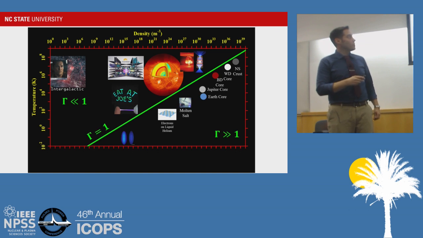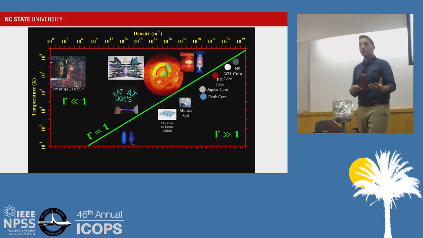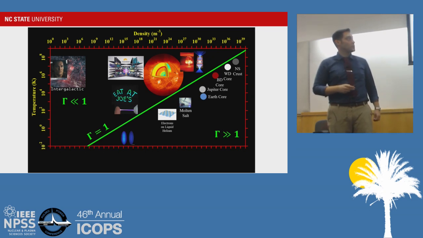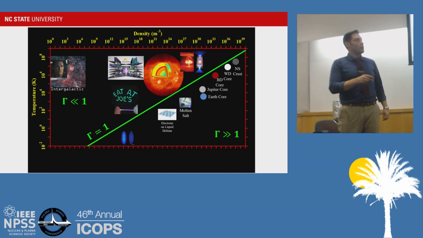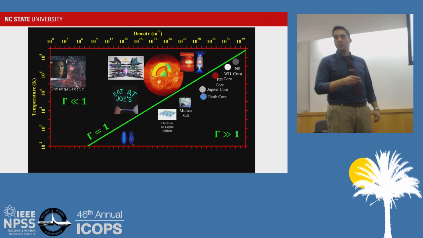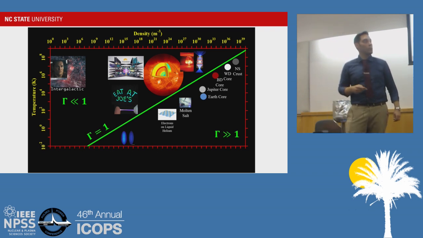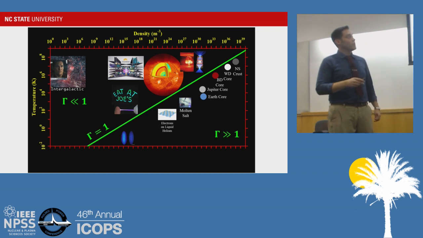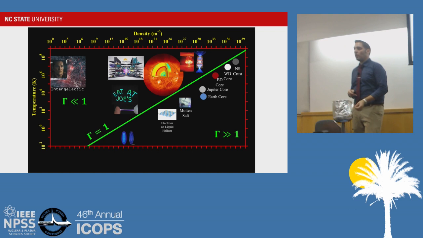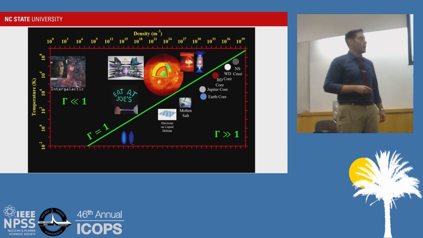Over in this region, you have a lot of applications of plasmas that we use, such as lighting and also in atmospheric plasmas. Now on this side of the curve, we have a lot of astrophysical objects, such as the crust of neutron stars, white dwarf and brown dwarf cores, and actually within planets as well, such as Jupiter, and even Earth is expected to have a strongly coupled plasma deep inside.